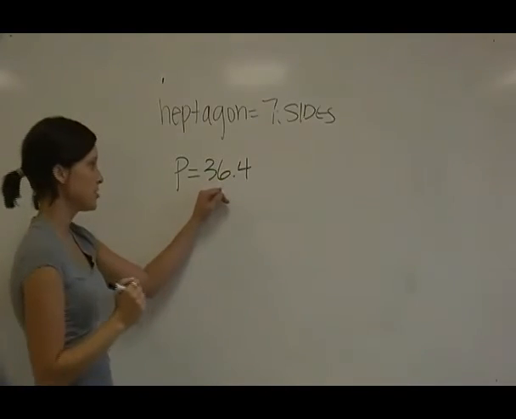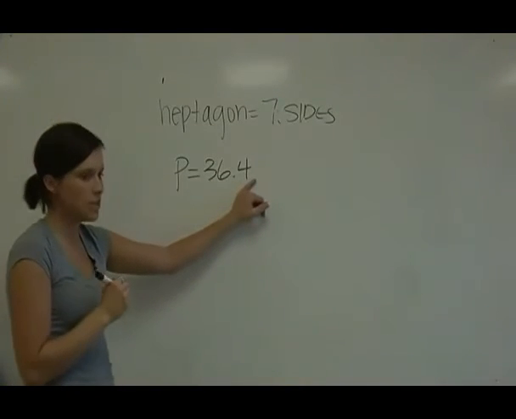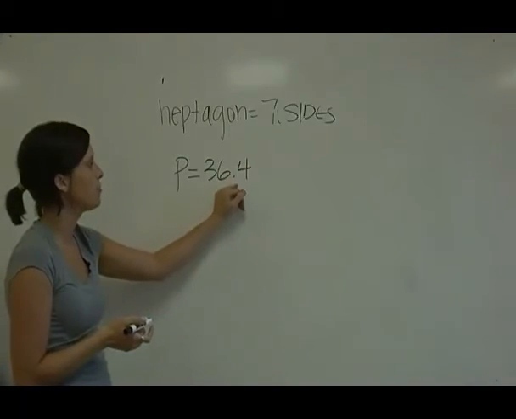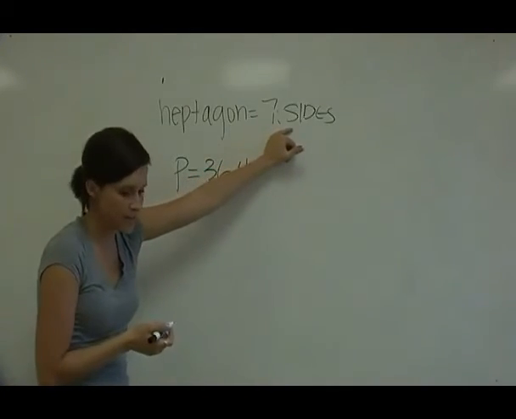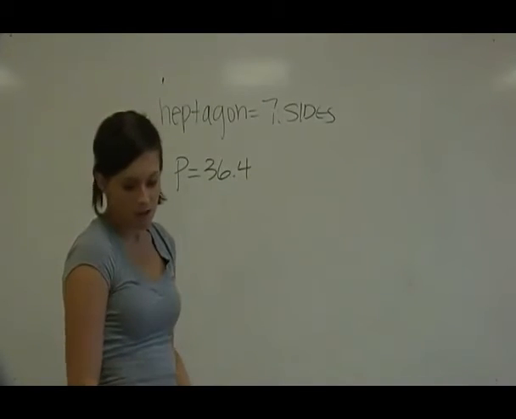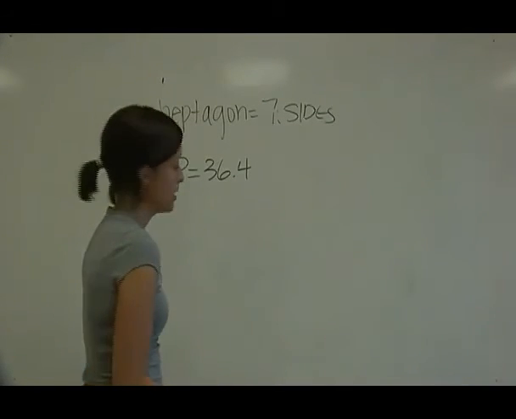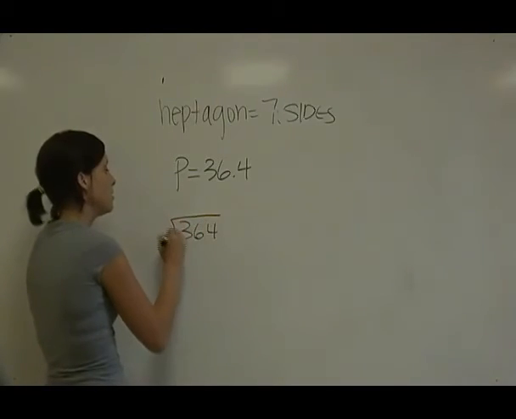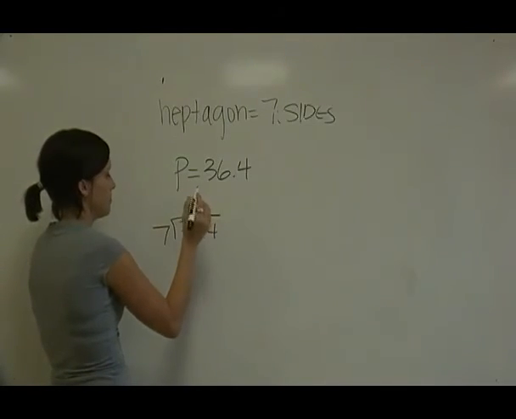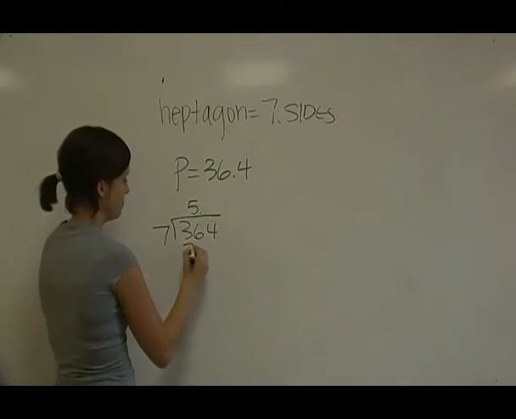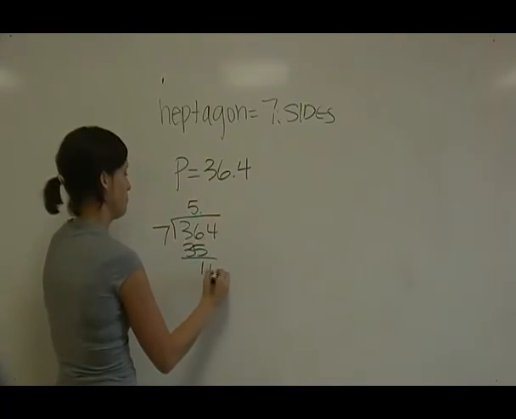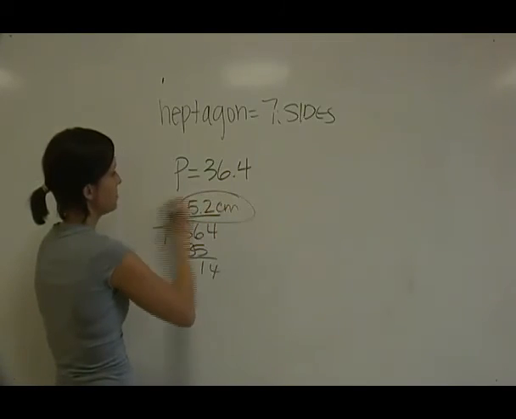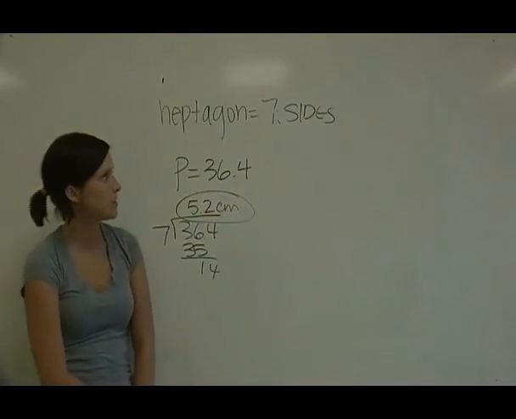Now remember, perimeter is just the sum of all the sides, and each side is equal to each other. So all you have to do is take 36.4 and divide it by 7, and you would get the length of each side, which is what it's asking for. So 36.4 divided by 7 is 5.2 centimeters. So each side of the heptagon is 5.2 centimeters.